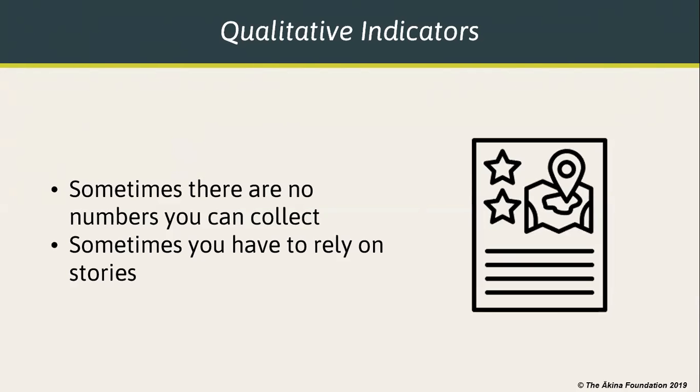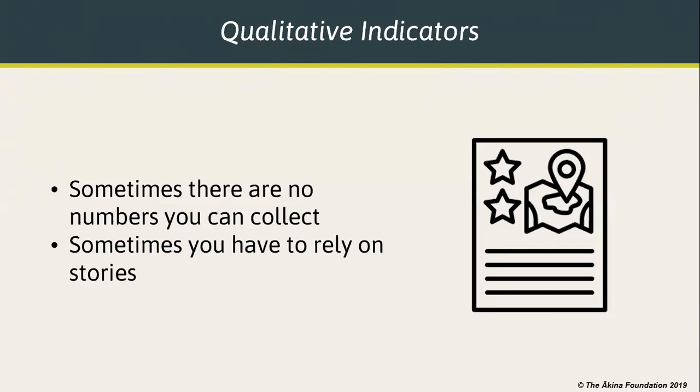The qualitative indicators allow you to capture those stories that you wouldn't necessarily anticipate, that you wouldn't know to ask the question for. Sometimes there are no numbers you can collect, and that's why you need to use qualitative indicators. You just have to ask people how they're feeling about it or how change happened for them, because there's no hard number that could tell you about that change.